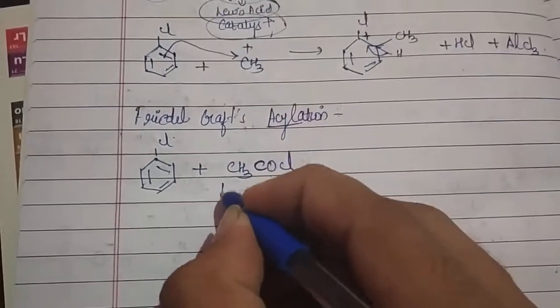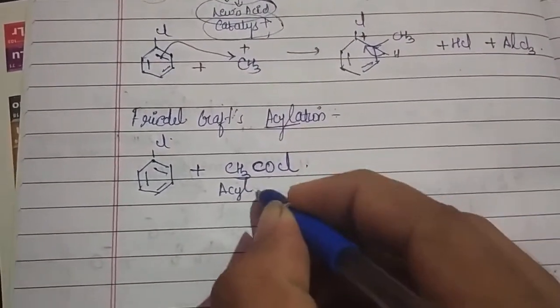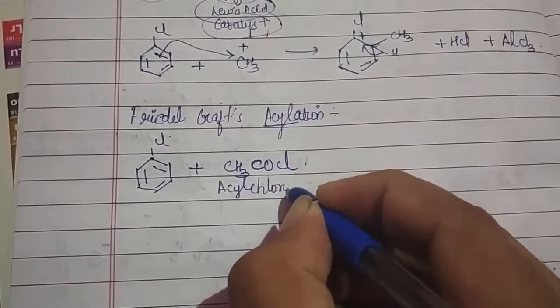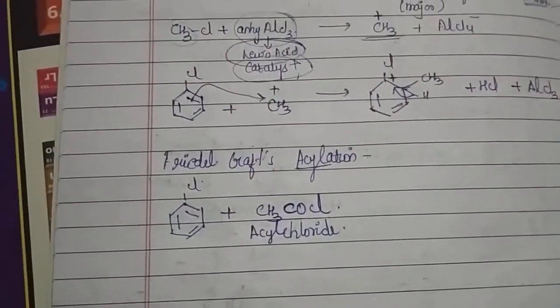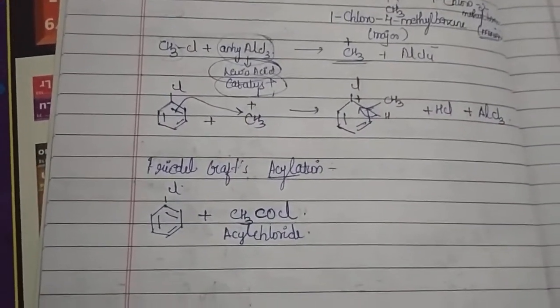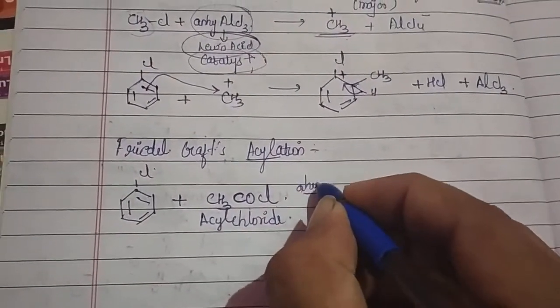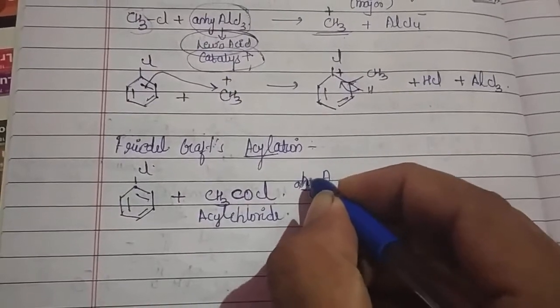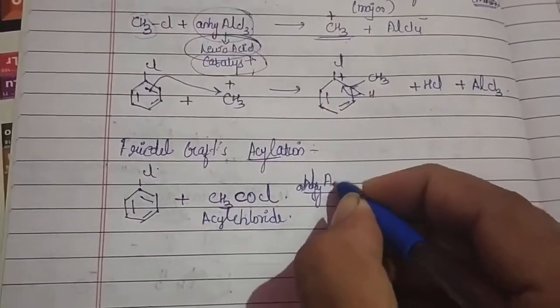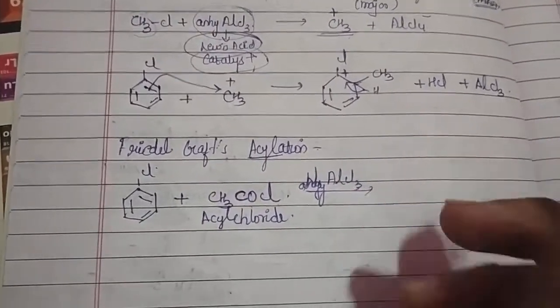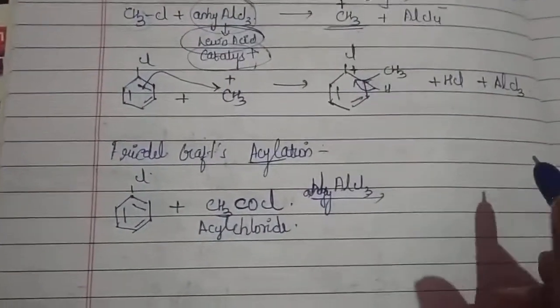It is called acyl chloride. And do remember, whenever we are conducting a Friedel Craft's reaction, we require what? Anhydrous AlCl3.